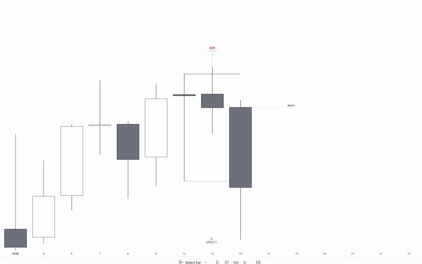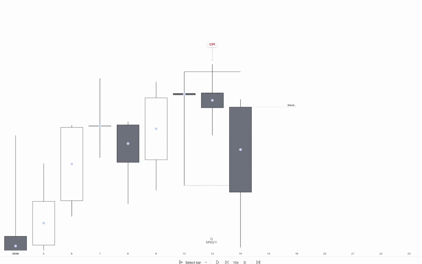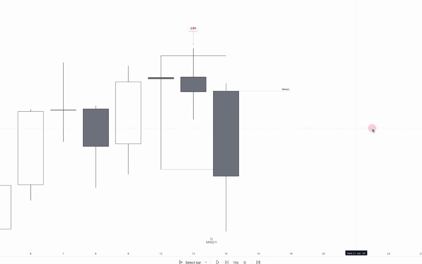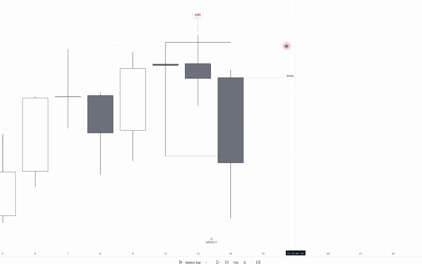I got a little breakdown of the trade that I took today, Wednesday, the 14th of January. As you can see here, we have the CPI candle, which was Tuesday, taking the high of Monday, which is the current week's high, right?